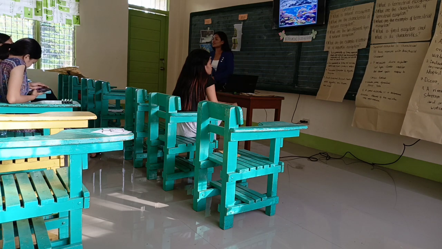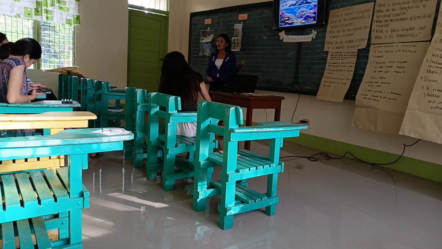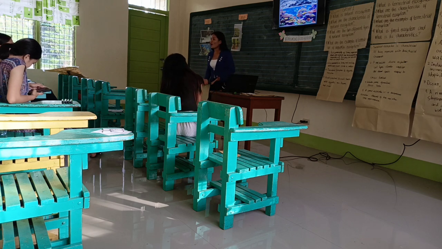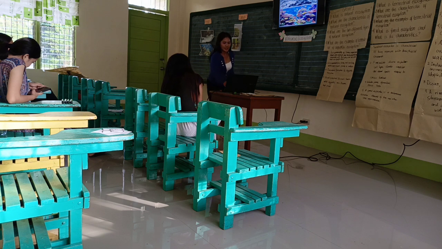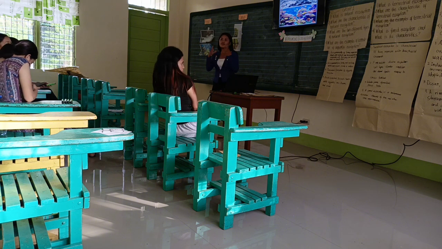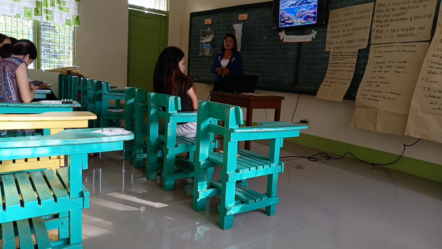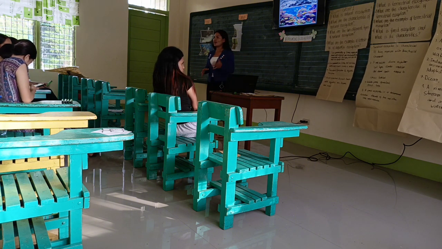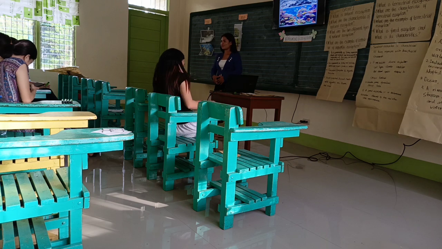The two types of aquatic ecosystem are freshwater ecosystem and marine ecosystem. So now class, who can differentiate the difference between freshwater and marine ecosystem?